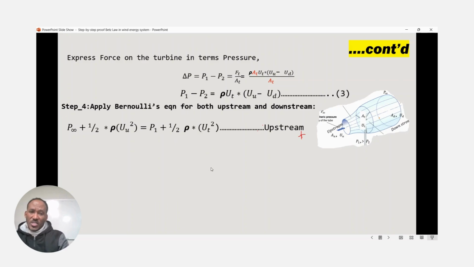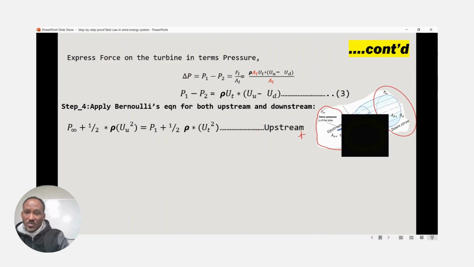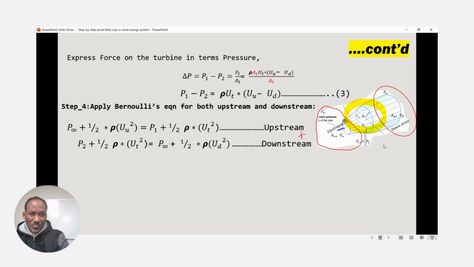Let's say this is the equation for upstream. The same Bernoulli principle applies for downstream. Here we have P2 plus 1 over 2 density times UT square at the turbine, which is equal to ambient pressure plus 1 over 2 times density times UD square for downstream.